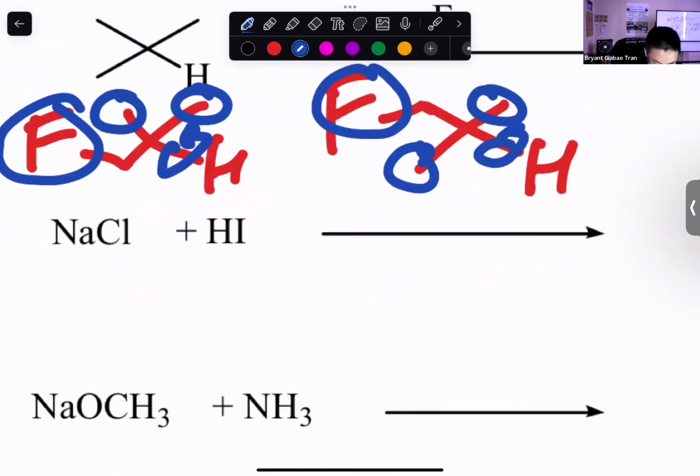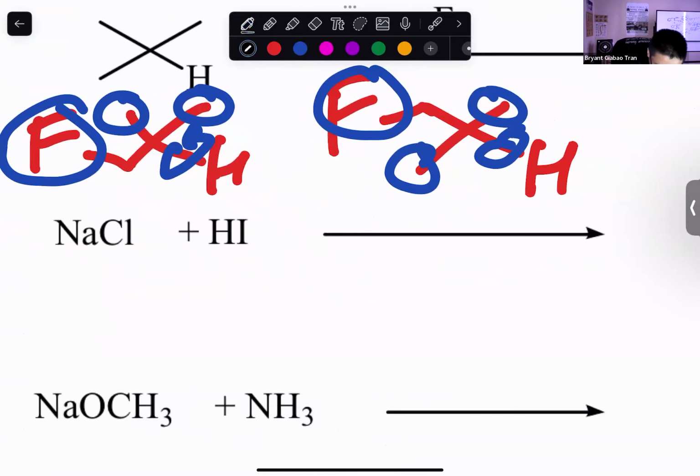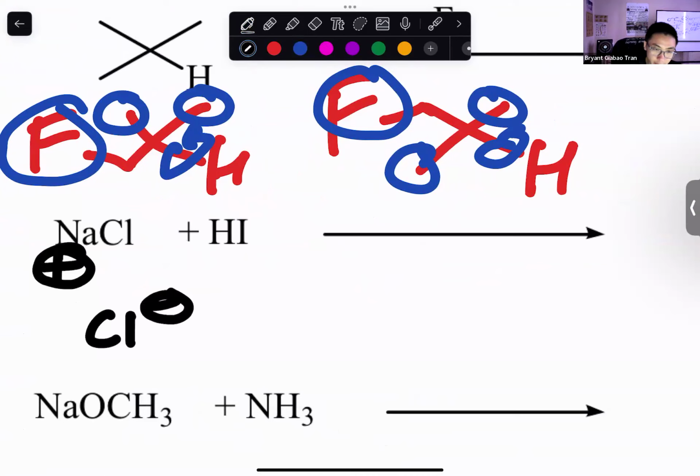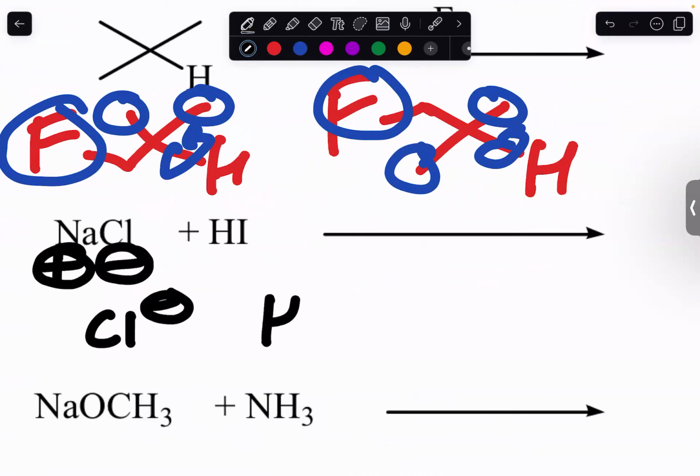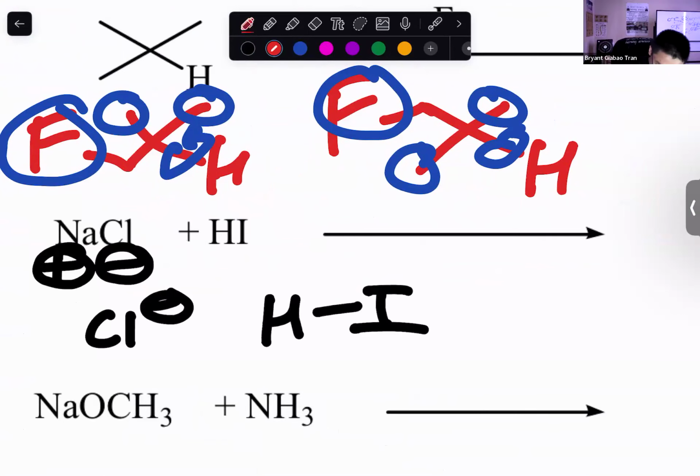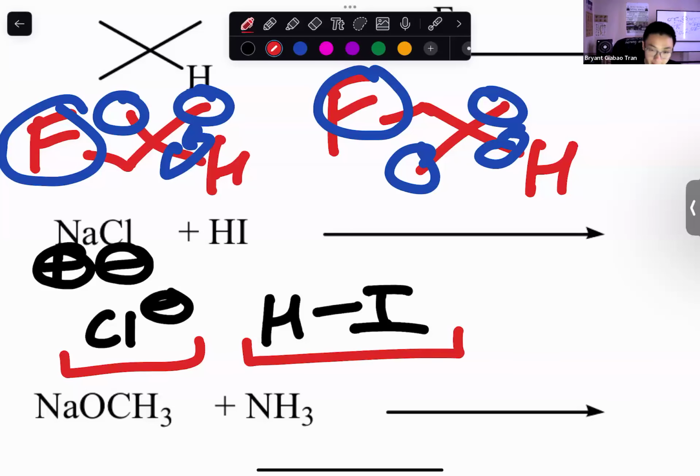Now, the next one, we have a Cl minus, because whenever you see Na, it is always associated with a positive charge. So whatever is attached to it is negatively charged, right? And we have HI right here. This Cl minus here is going to be our base. This HI is our strong acid.